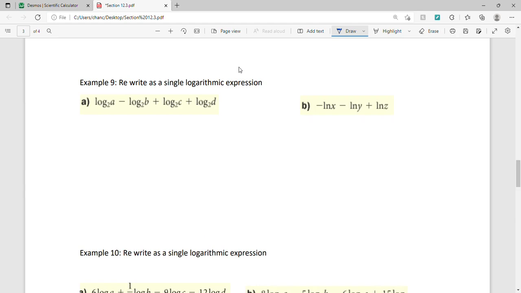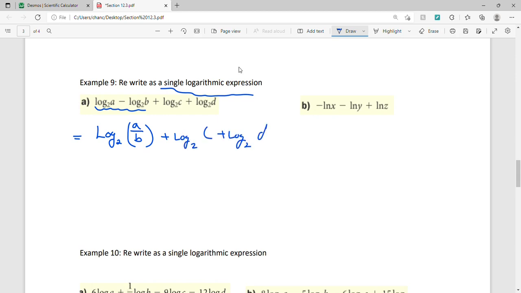In example 9, let's rewrite this as a single logarithm. I will start by looking at the first two terms. This is a negative, so I can use the quotient rule. This is log base 2 of a divided by b plus log base 2 of c plus log base 2 of d.